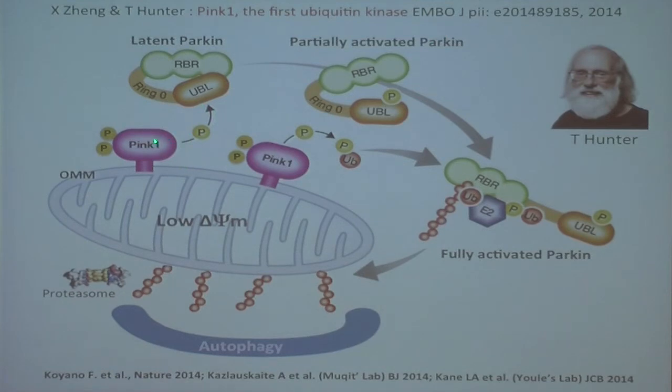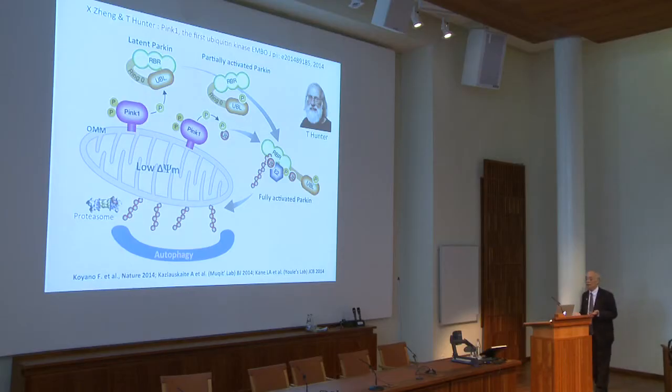So PINK1 is activated, phosphorylates two proteins, and then activates Parkin to ubiquitinate the outer membrane of mitochondria. In that case, autophagy attacks this damaged organelle to degrade it.